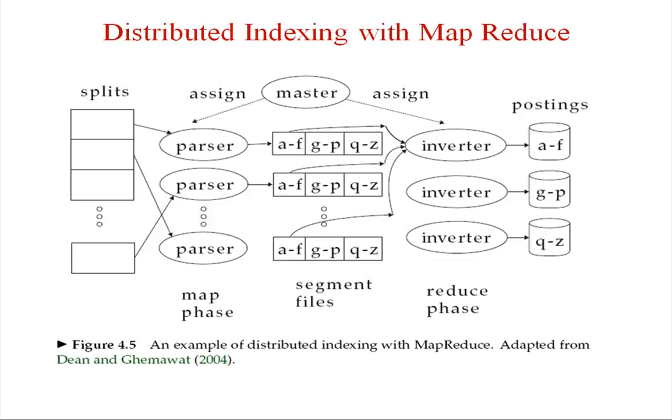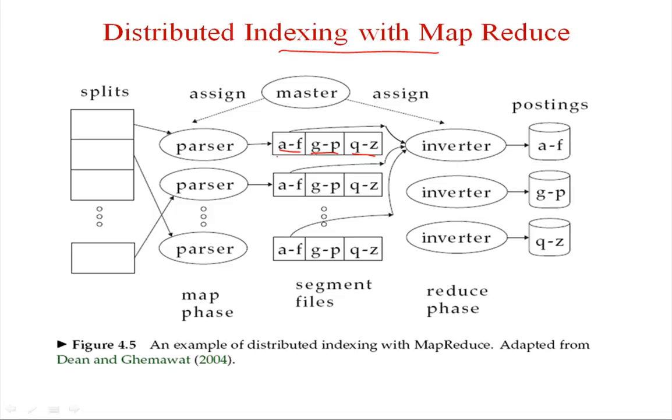Here is simple distributed indexing with MapReduce. It splits the file into several chunks or sets, then assigns them to parsers. Parsers assign the segment files starting with A to F, G to P, Q to Z, like that. There is a master, which we can also call the shuffler.